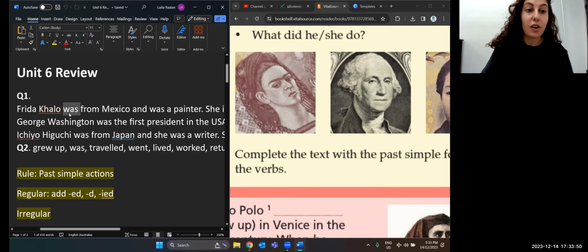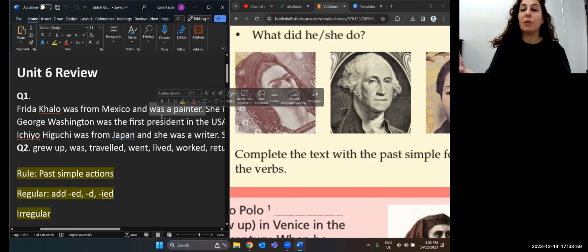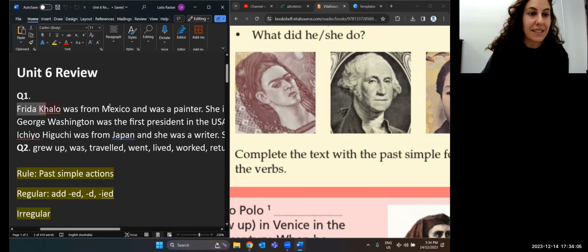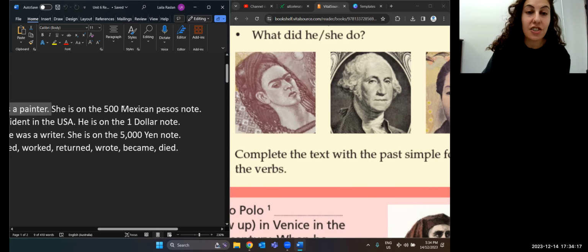So Frida Kahlo was from Mexico and was a painter. We can use the verb to be when we talk about where someone is from and what their job is. You can see from that sentence, Frida Kahlo was from Mexico and was a painter. That's her job, painter. She is on the 500 Mexican peso note.